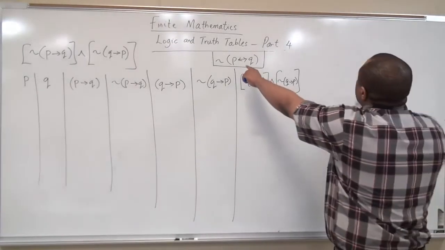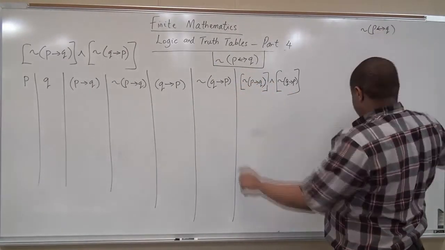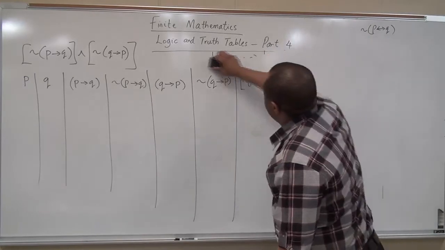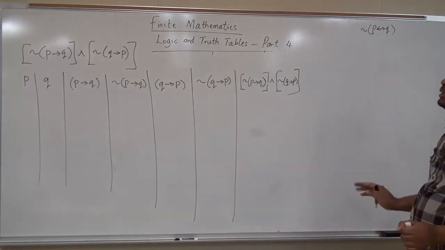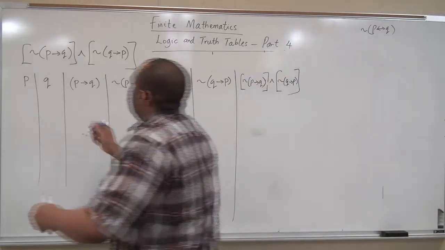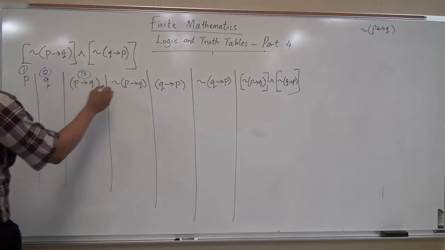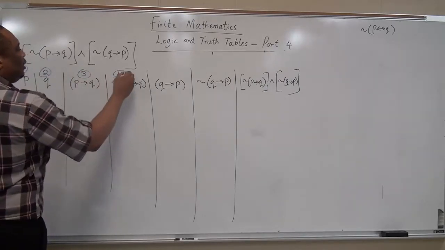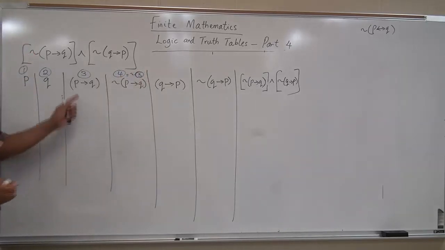So this is the second one. Let's write it here. P, if and only if. All right. Just have to do it step by step. So this is column 1. This is column 2. This is column 3. This is column 4. And column 4 is just negation of column 3. That's column 4.